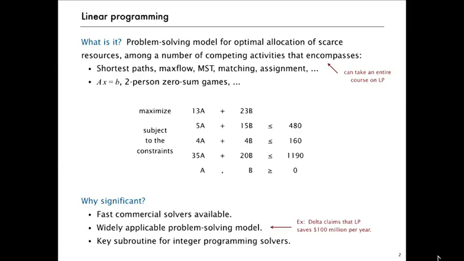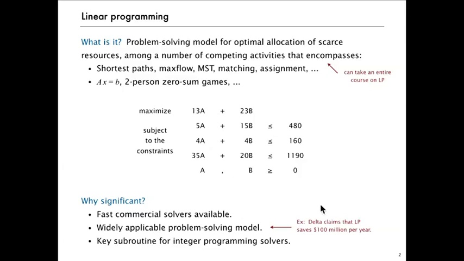And it's significant because it's widely applicable to real-world problems. There's fast commercial programs out there that will solve huge linear programs. And it's a key subroutine for solving even more difficult problems. But it's the idea that it's a widely applicable model that we can actually do solutions for huge problems.